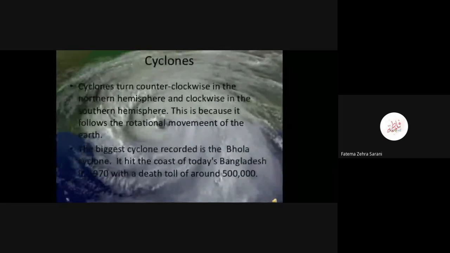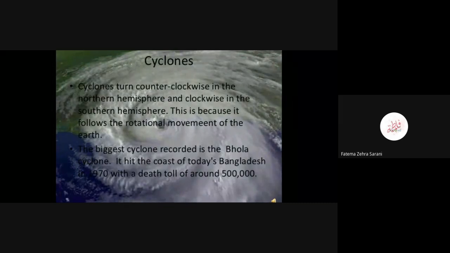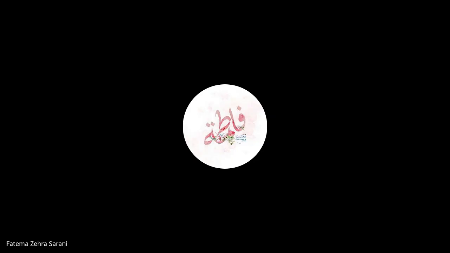Next point. Cyclones turn counterclockwise in the northern hemisphere and clockwise in the southern hemisphere. This is because it follows the rotational movement of the earth.